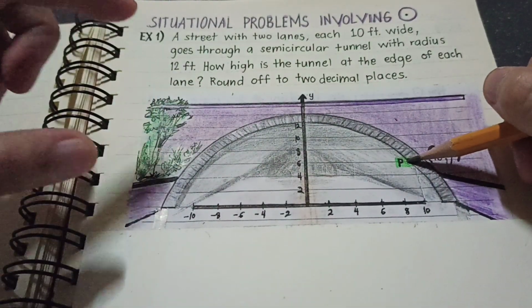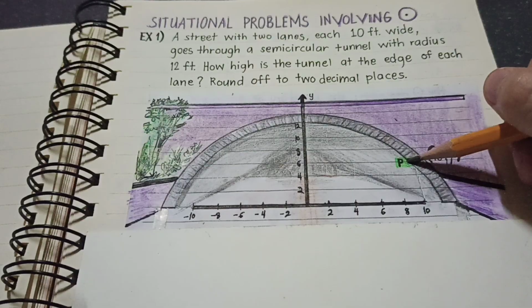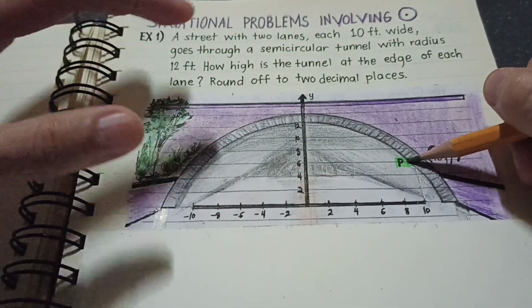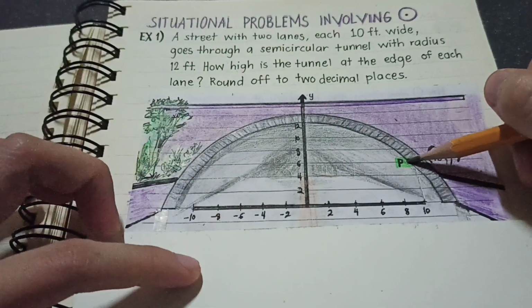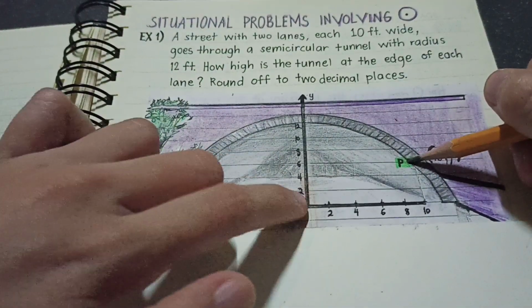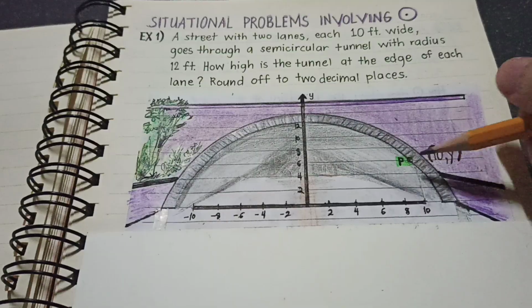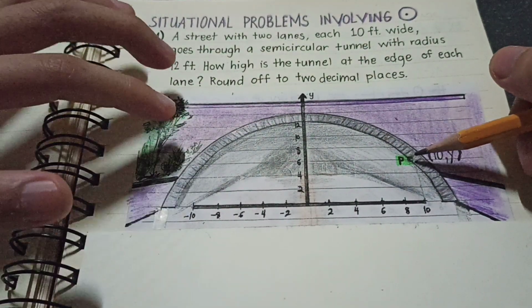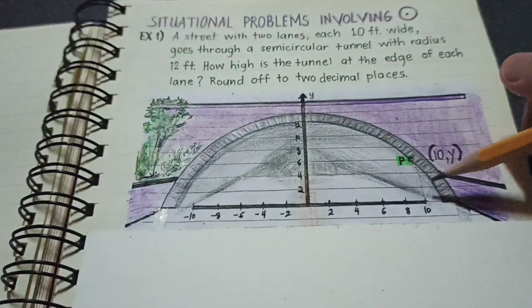I have mapped out the drawing or the givens on a Cartesian plane wherein the origin is the center, with center at the origin.